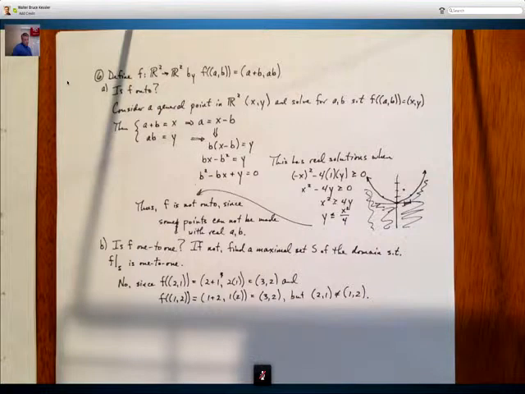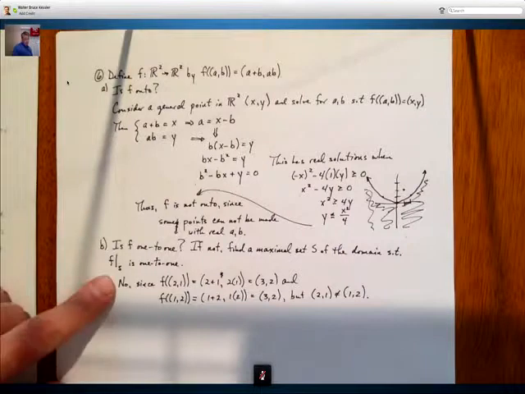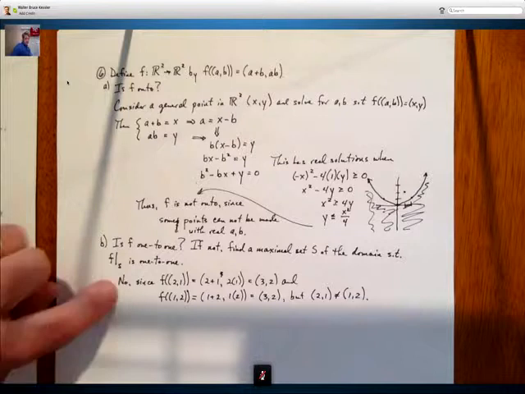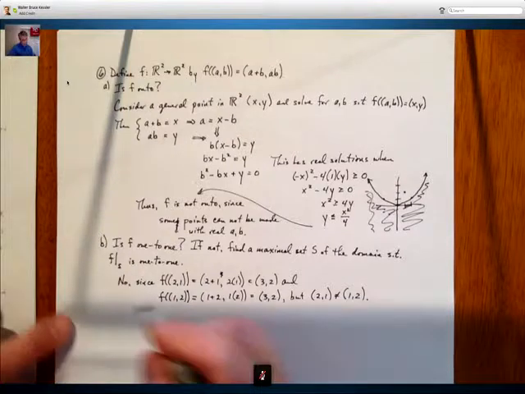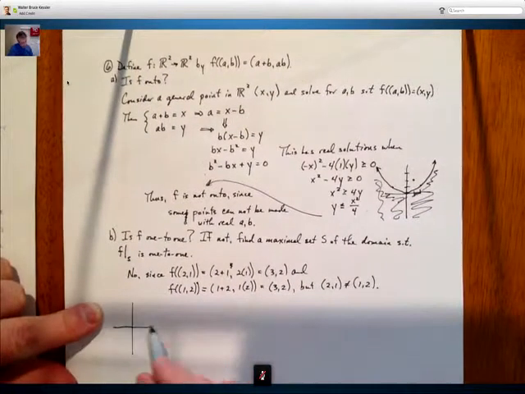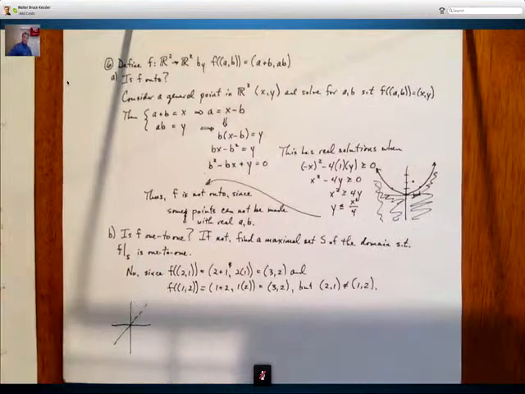Now, if we wanted to, okay, I think we could fix this, and that's the second question. It says find a maximal set S on the domain such that the restriction onto that is 1-to-1. And I'm just trying to think if there's any. If I put the negatives in, I get a different thing. The real thing is I have to get rid of this symmetry thing, right? What's happening here when we do this is we are flipping over this diagonal line, which is what we do when we take the inverse, correct?